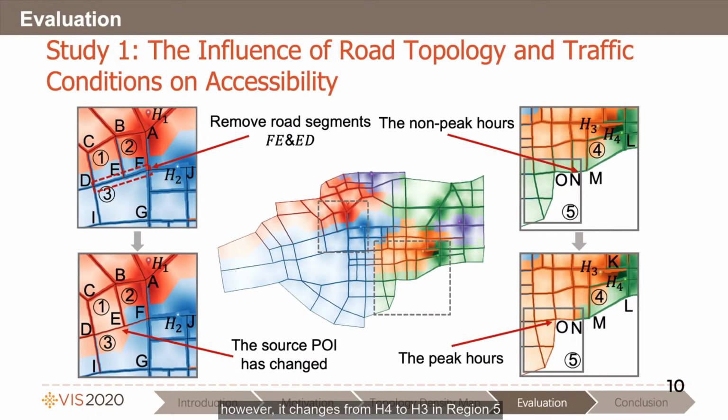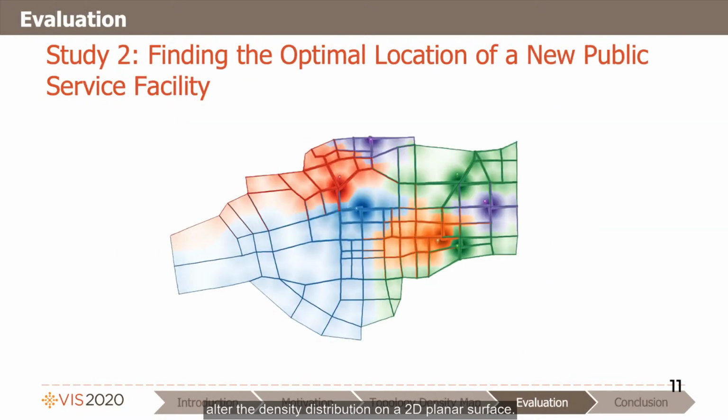However, it changes from H4 to H3 in region 5, and the density field decreases as well, caused by lower speeds of road segments Mn and No. This phenomenon indicates that although the Euclidean distances between intersections remain unchanged, dynamic traffic conditions can lead to variations in shortest paths on a road network and ultimately alter the density distribution on a 2D planar surface.